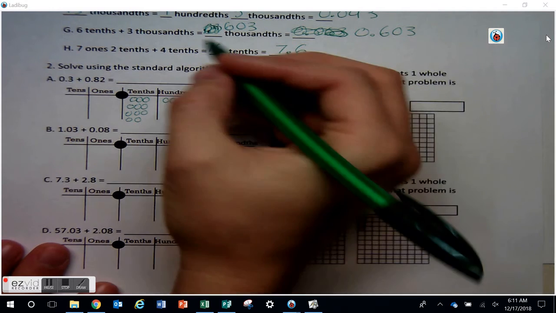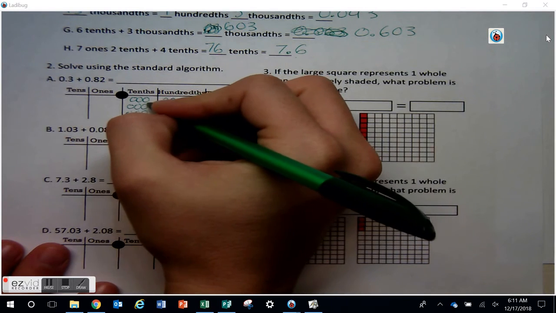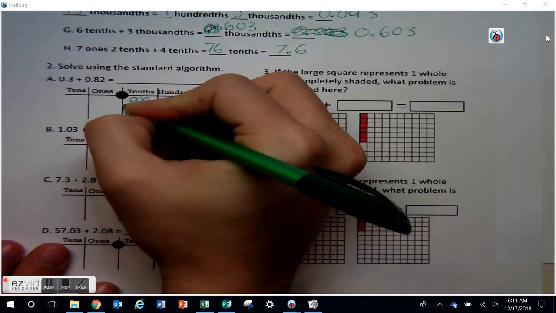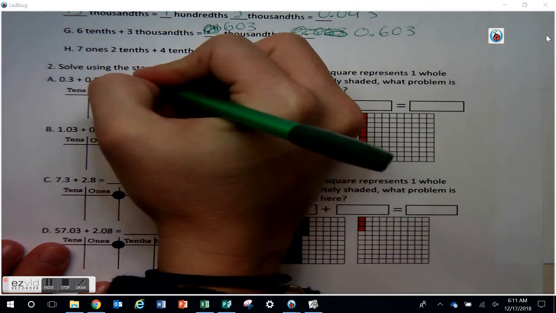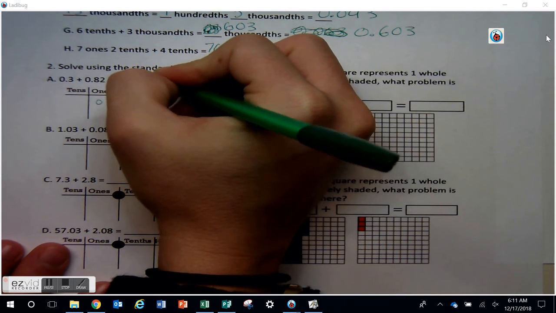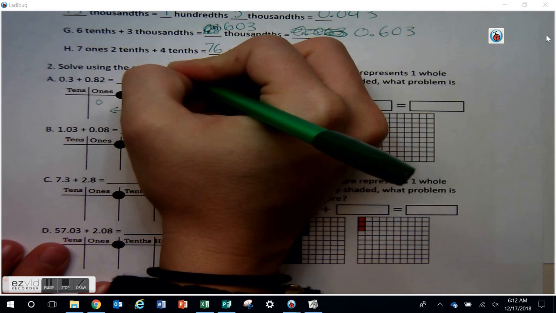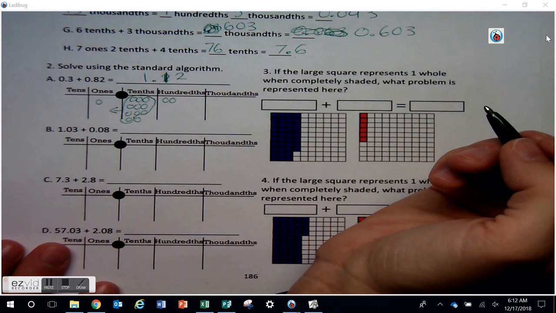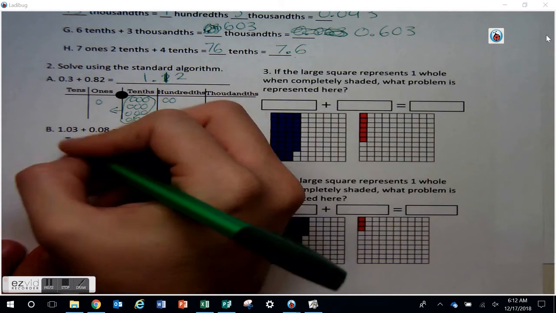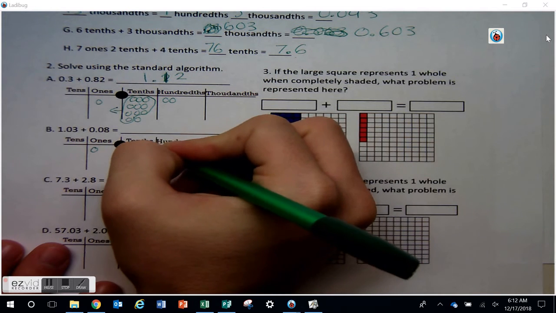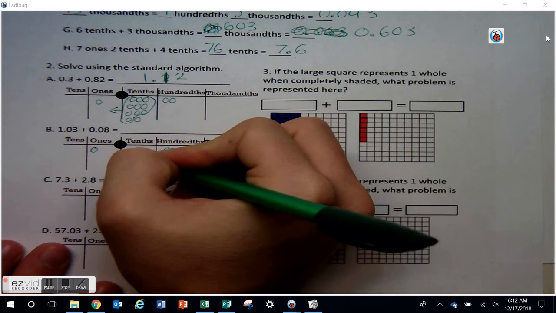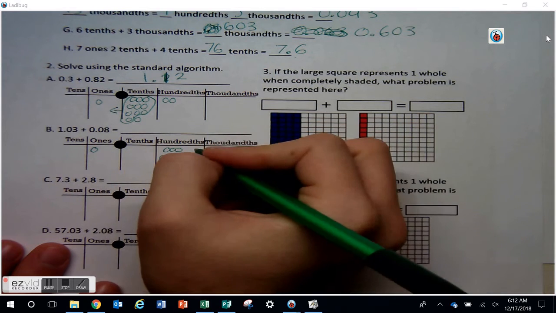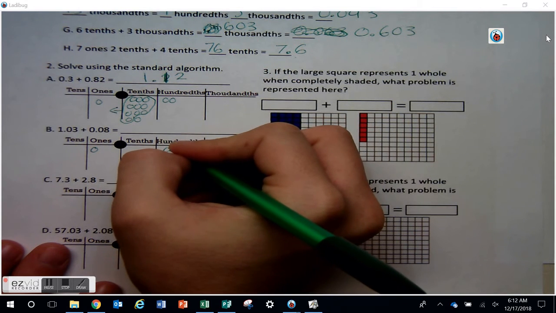So I'm going to be left with 6. These are going to be regrouped. So I have 1 and 1/100ths. Here's my 1 whole, here's my 3/10ths, here's my 8/10ths, and this has to be regrouped also.